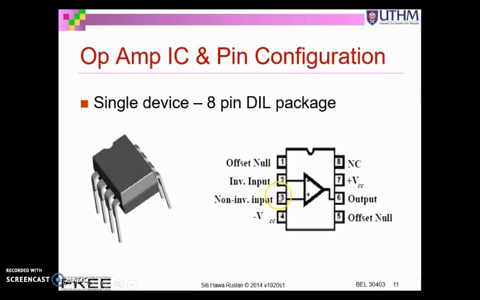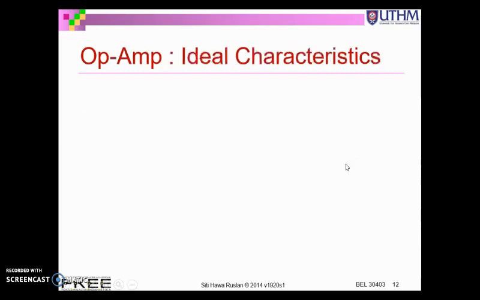So this is your input, pin 3 positive, pin 2 negative. The output is at pin 6. This is your plus VCC, minus VCC. Pin 1 and 5 is nulling input, and one pin is not connected to anything.